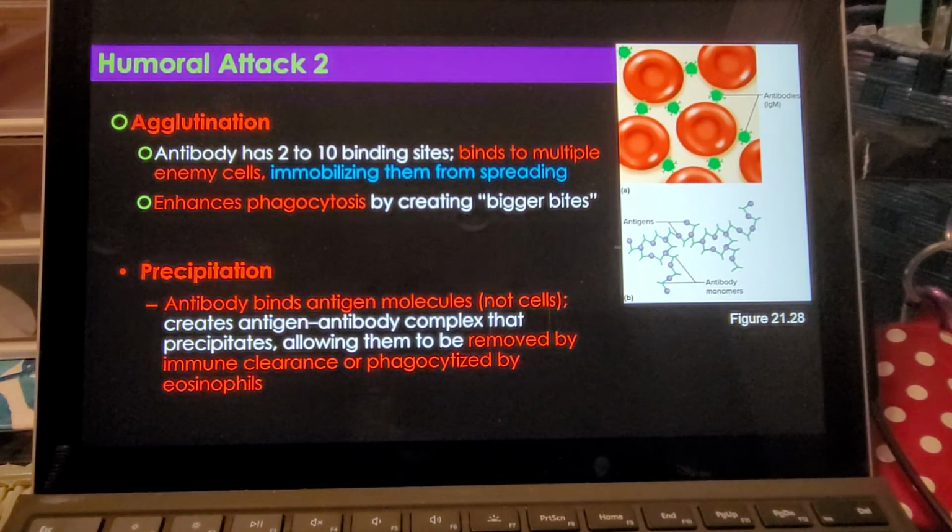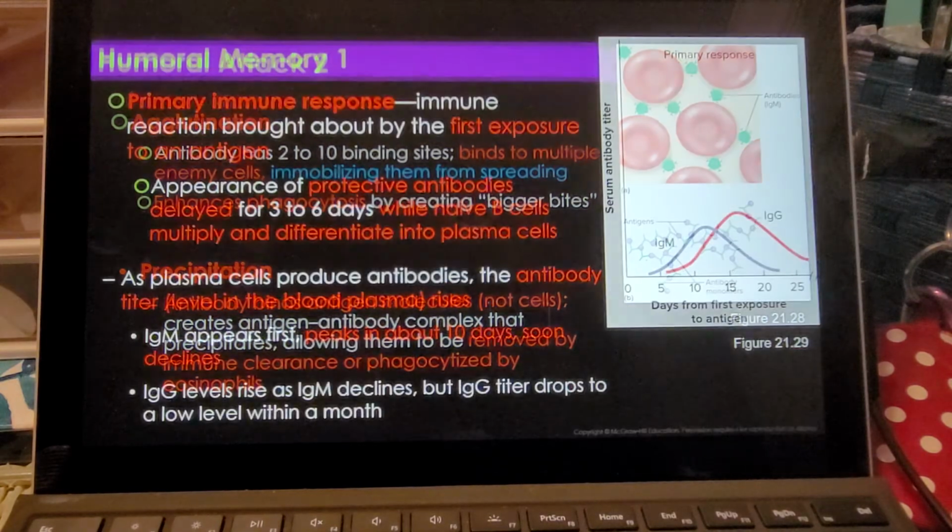The antibody binds to the antigen, so the foreign cells. Then that foreign cell, using immune clearance, hitching a ride on a red blood cell, or because that antibody has targeted that foreign cell, could be phagocytized by an eosinophil.